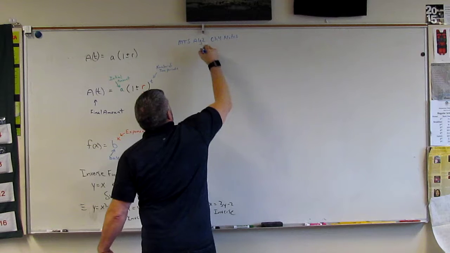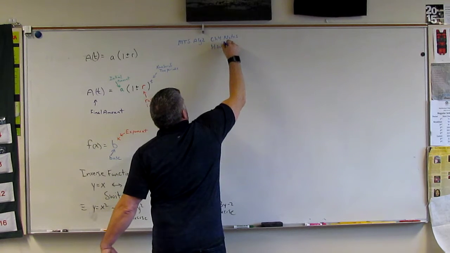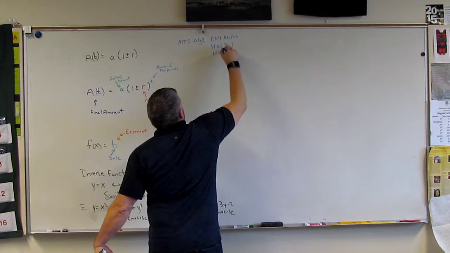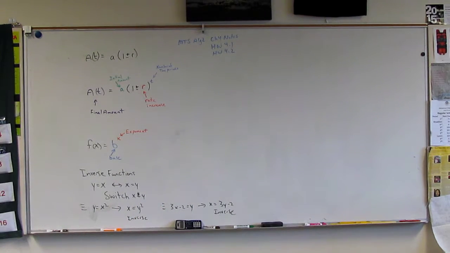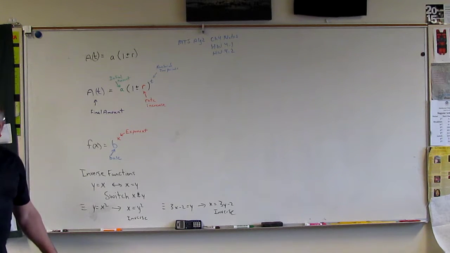And then today we're going to do HW 4.1, HW 4.2. We're only going to get to part of that in this period, and then the other part we're going to try to get through the next period. The rest you have to do on your own as homework, and tomorrow we'll be working through the rest.